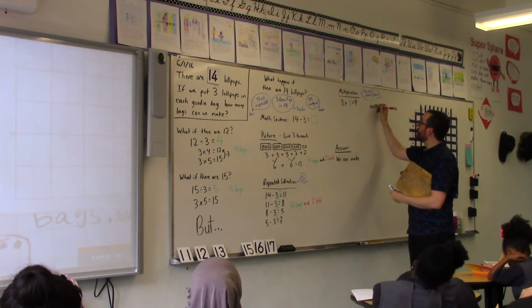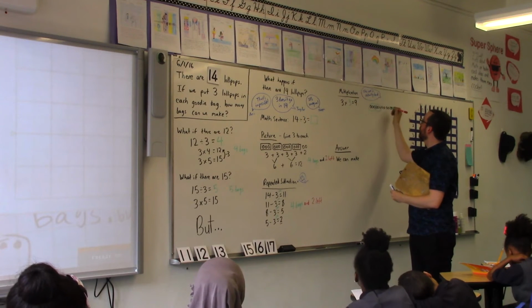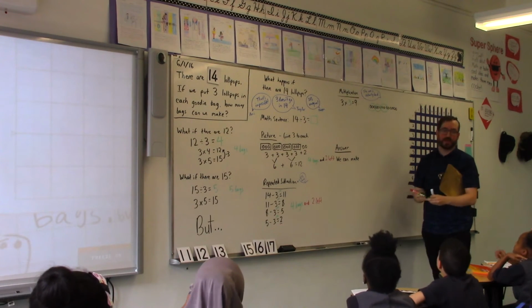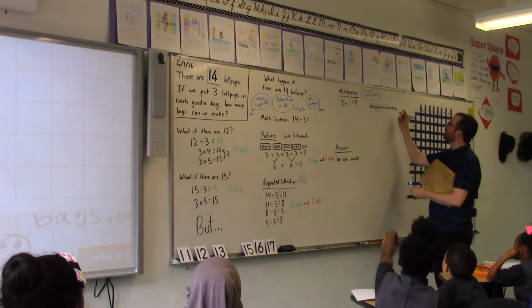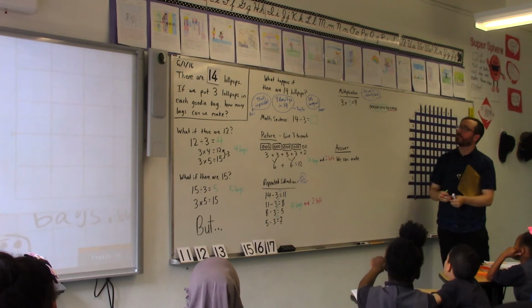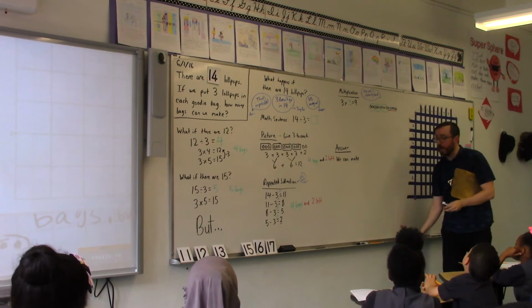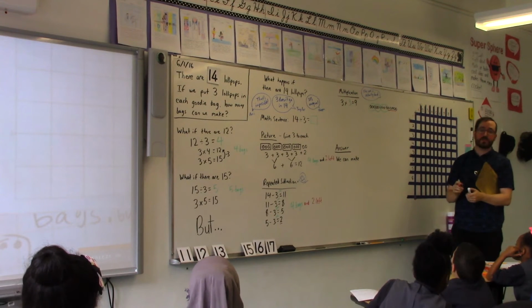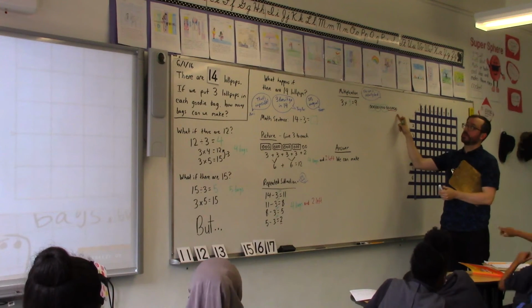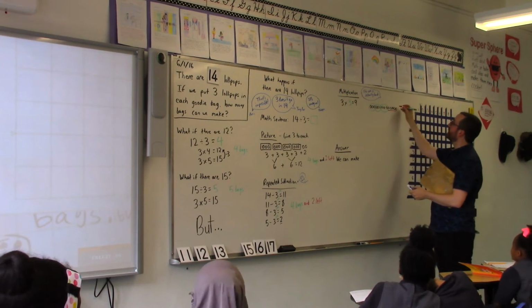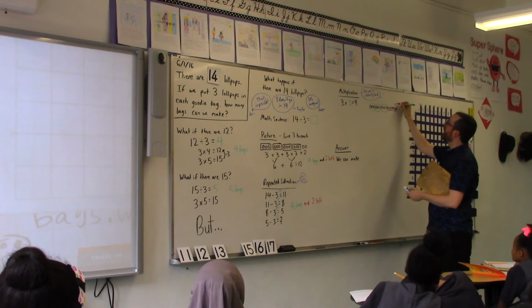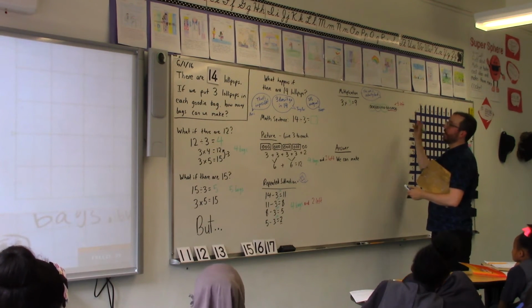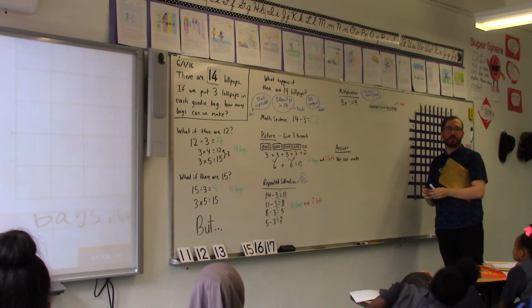So let's make 3 bags really quickly. Here we have a bag of 3, bag of 3, bag of 3, and what do you notice? If you make a bag of 3, there's going to be more left. How many would be left if we made 3 bags? 5. Yes, there are 5 left. So it wouldn't be just 3 bags. Could I make another one?